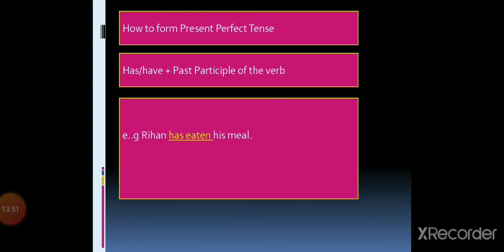So the example here: Rihan has eaten his meal. With Rihan we have to use has. Eat is the basic form. The past participle form of eat is eaten. So Rihan has eaten his meal. Just now he finished his meal, right?